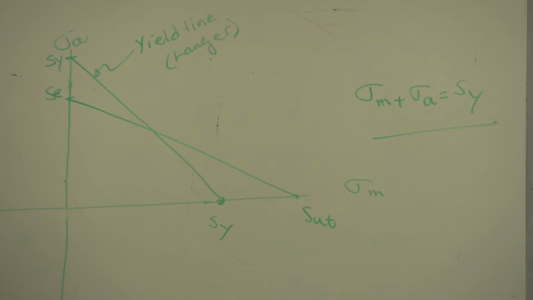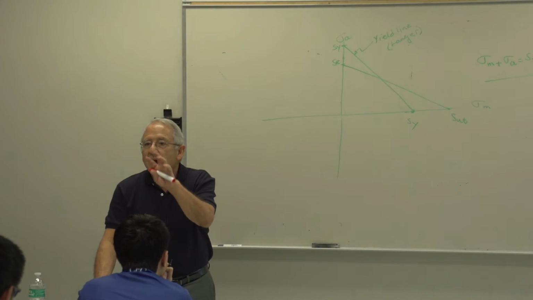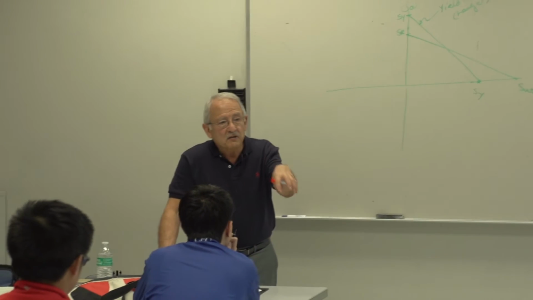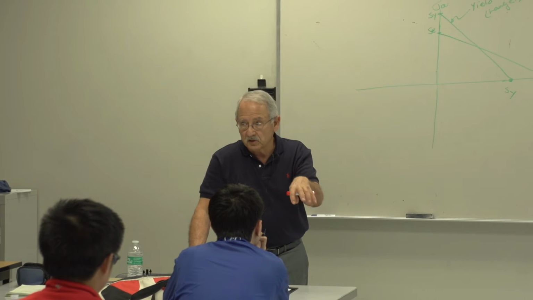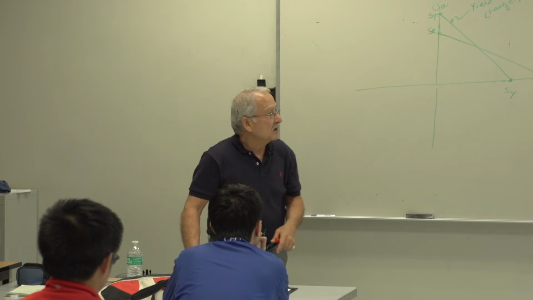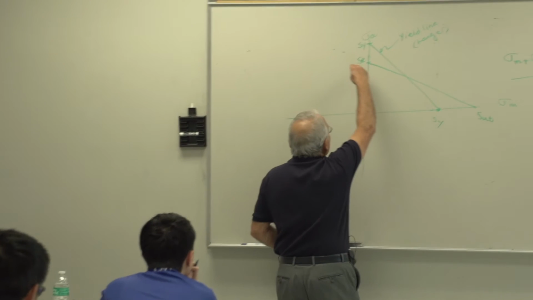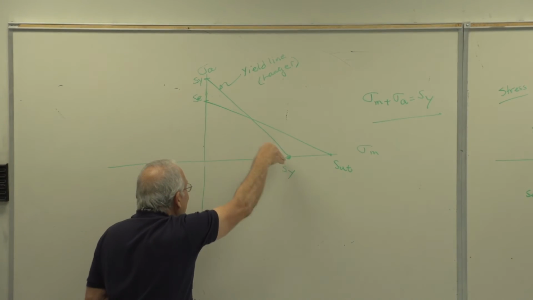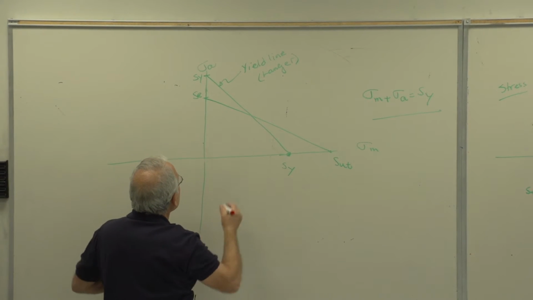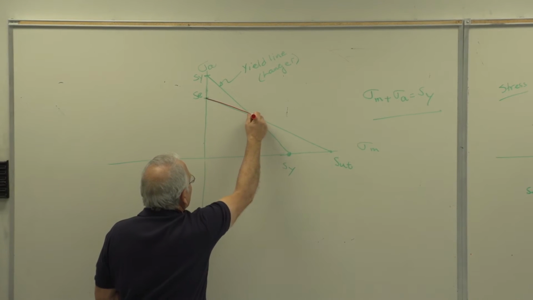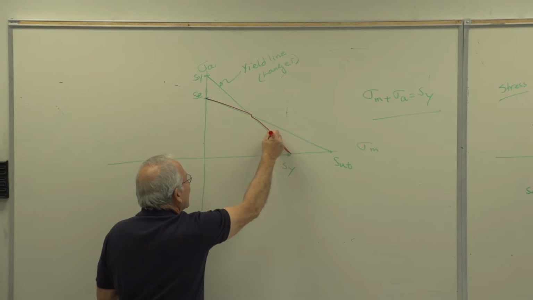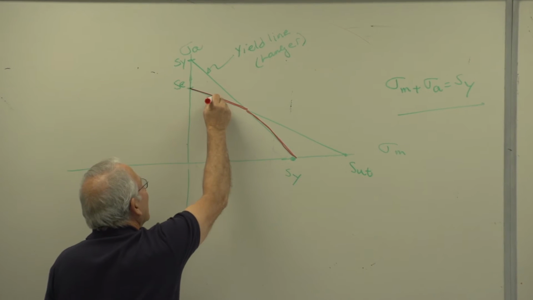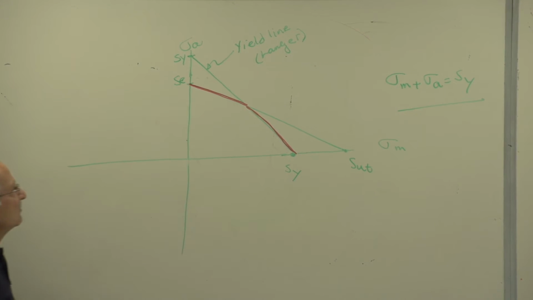So there's your line. So if I am not willing to have the material yield, and I also want a life of 10 to the 6 for the part, 10 to the 6 cycles of stress, I'm limited both by this line and that line. In other words, I'm limited to this region.